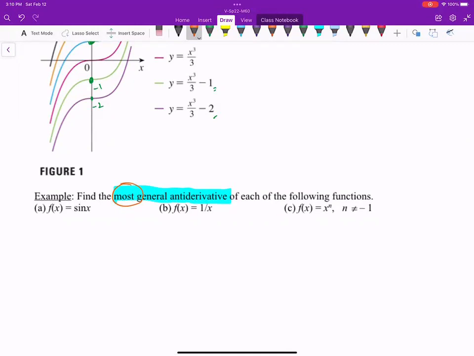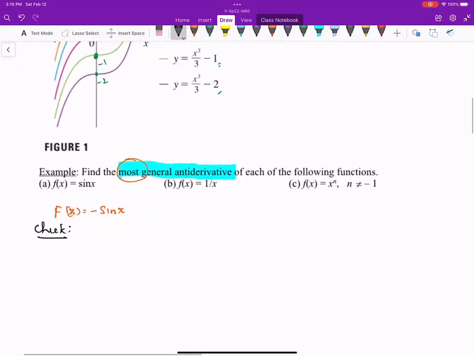So let's consider F of x equal to negative cosine x. What happens when I differentiate this? It is a kind of check for us. When I differentiate, I should get the original function, the lowercase f, back. If I differentiate this, the negative can be kept out, and the derivative of cosine x is negative sin x.